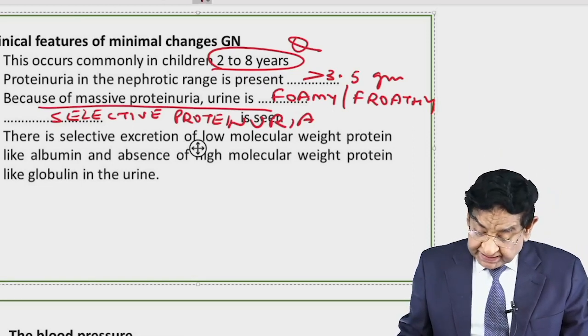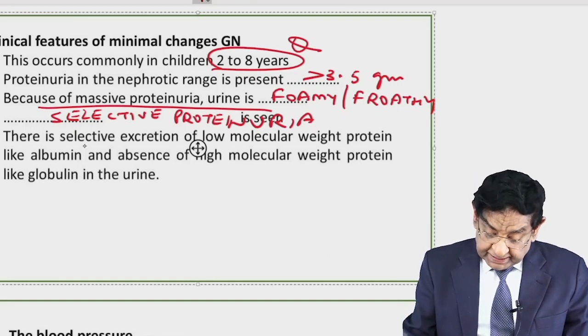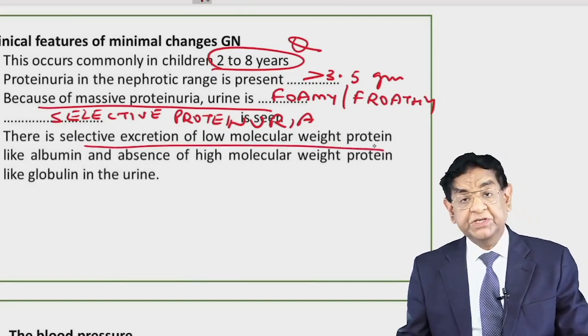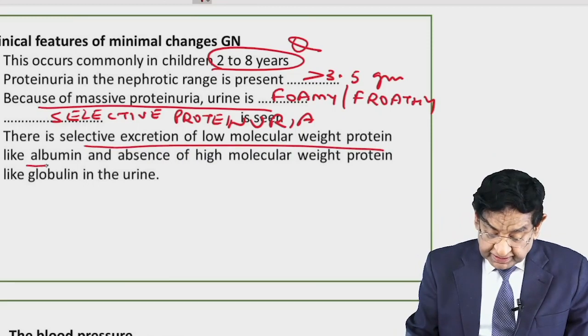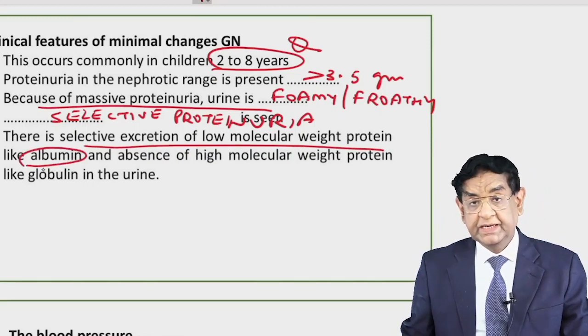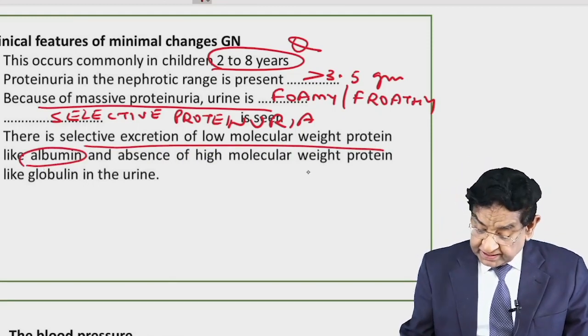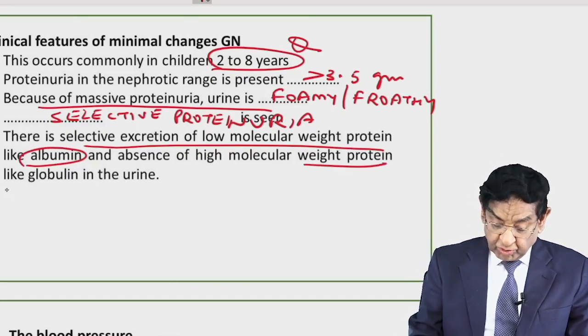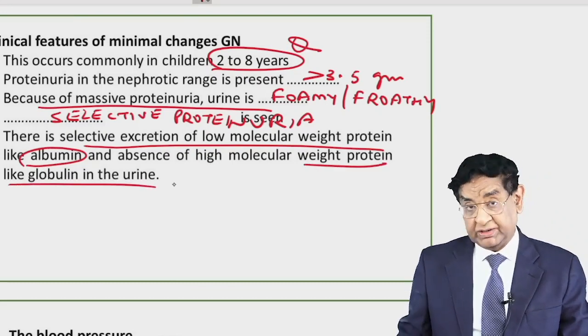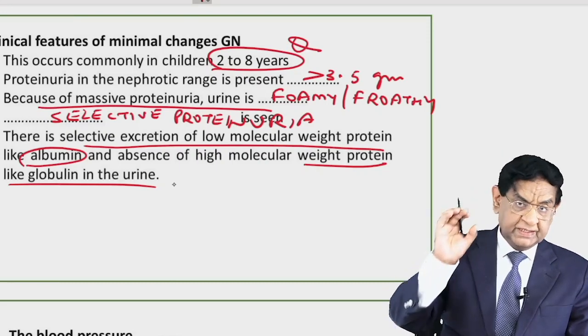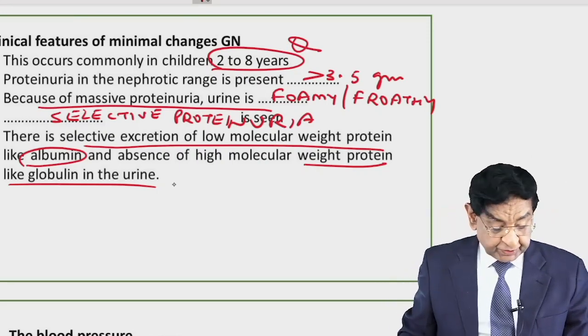Now, what is the meaning of selective proteinuria? That means there is excretion of low molecular weight proteins like albumin, and the big molecules like high molecular weight immunoglobulins are not there. That's why we call it selective proteinuria.